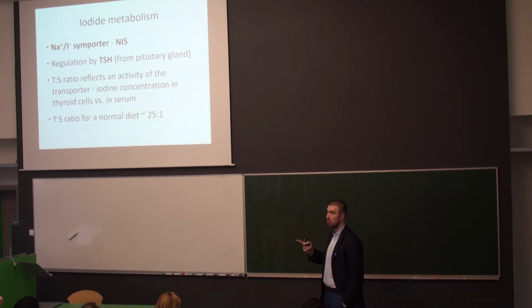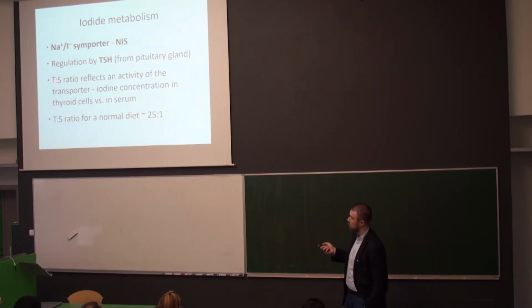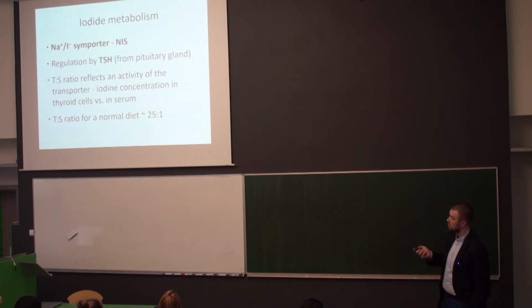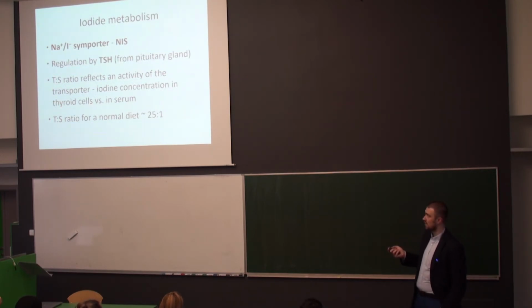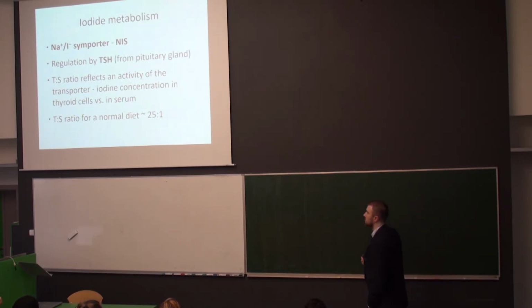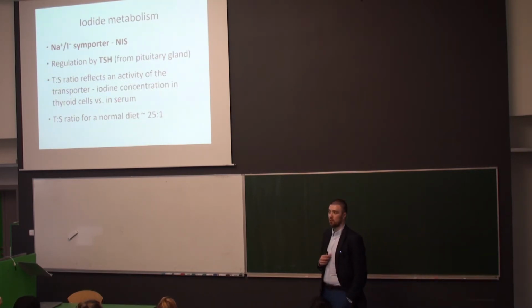You are able to express the efficiency of this transporter by something that we call the TS ratio. TS ratio means the ratio of the concentration of iodine inside the thyroid cells and inside the serum, therefore TS. If you have a normal diet, the ratio is around 25:1.